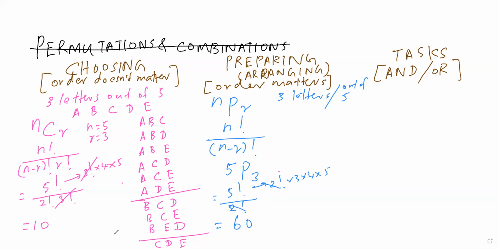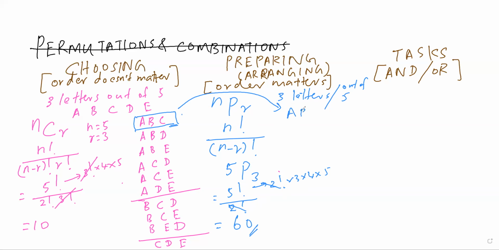So how did this 10 become 60? Right, let's pick one of these, a set of letters that we chose. In this case, since the order matters, this simple ABC can be written in 6 different ways, okay?